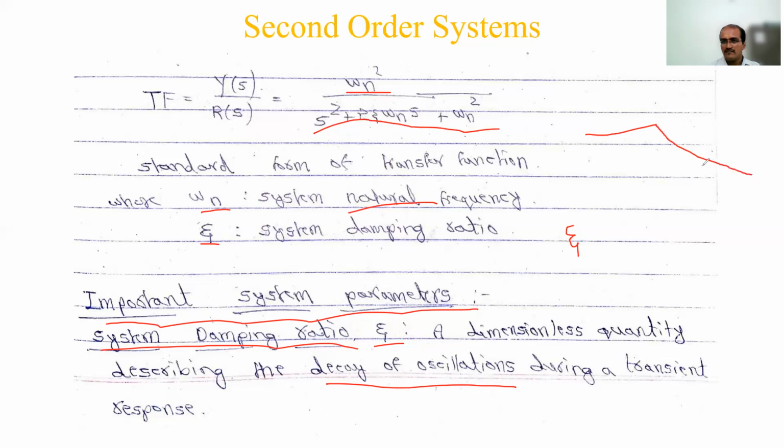Even if you take a step down or move down a slope, you will come with very high speed and then finally you will reach stillness. So this is called decay: decay in speed or decay in oscillations.